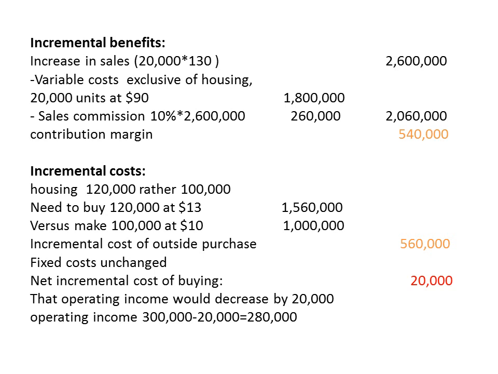Accordingly, the operating income would decrease by $20,000 by accepting such a decision. The operating income would be 300,000 minus 20,000, so it would be 280,000. So it is better to refuse that decision.